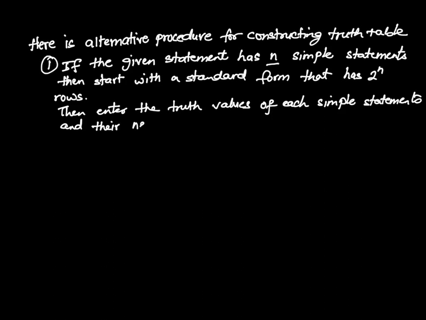So we're going to have 2 raised to the n rows. That's the same rule. Then we enter the truth value of each simple statement and their negations.